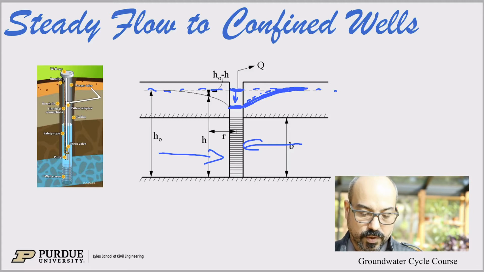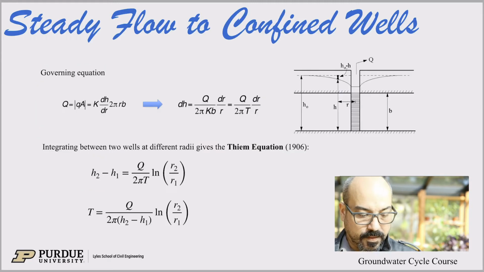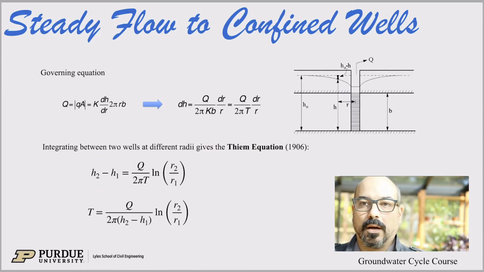Let's look at these equations. We start where we always start, which is essentially a continuity statement. Whatever water you pump out of the well must come from somewhere. It must be equilibrated by flow into the well from the aquifer. So the flow into the well from the aquifer is the Darcy flux times the area.